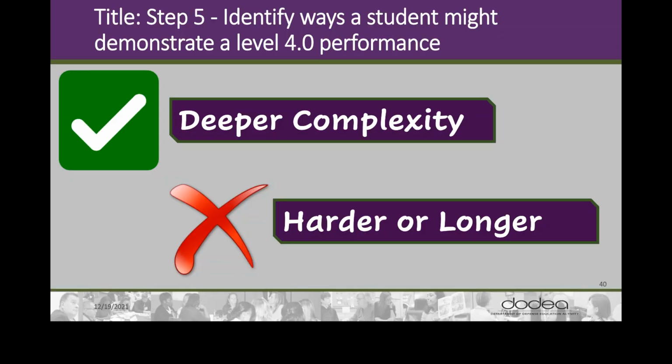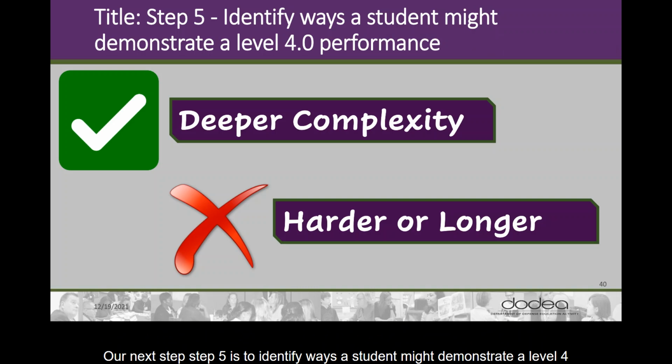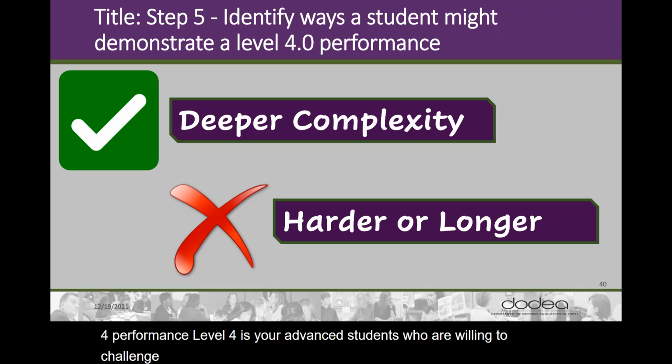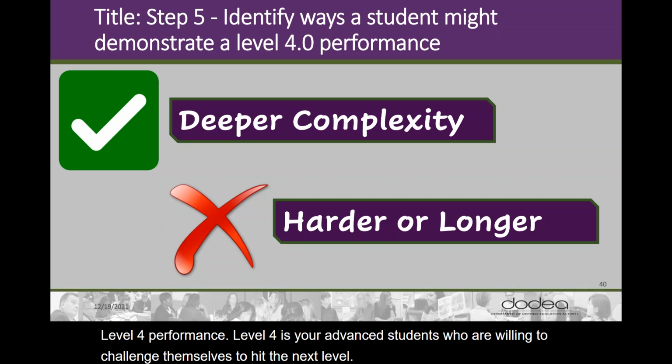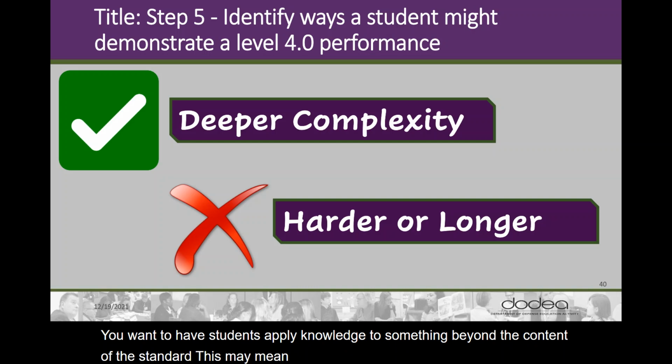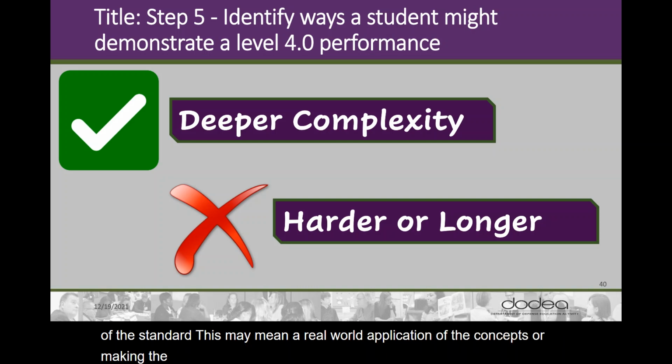Our next step, step 5, is to identify ways a student might demonstrate a level 4 performance. Level 4 is your advanced students who are willing to challenge themselves to hit the next level. You want to have students apply knowledge to something beyond the content of the standard. This may mean a real-world application of the concepts or making the task more complex by looking at it from multiple angles or viewpoints.